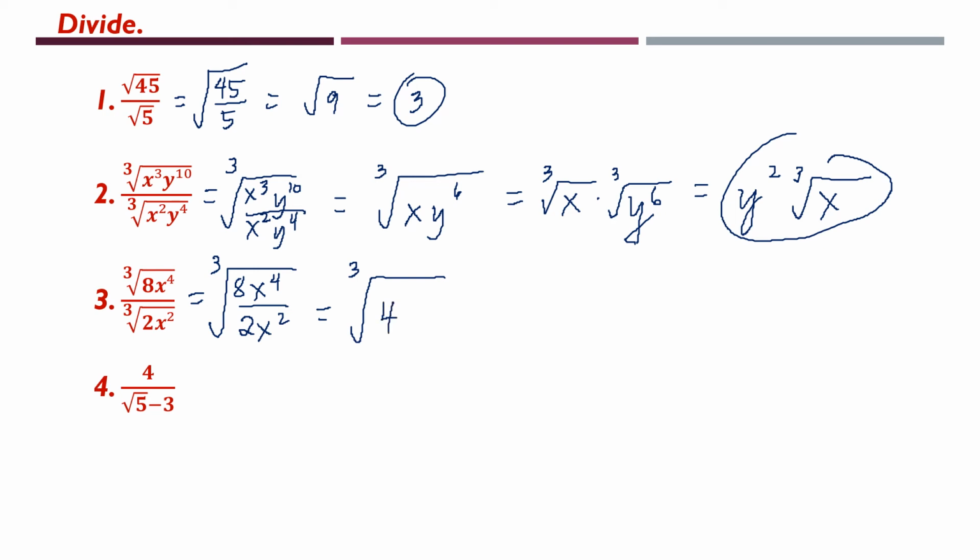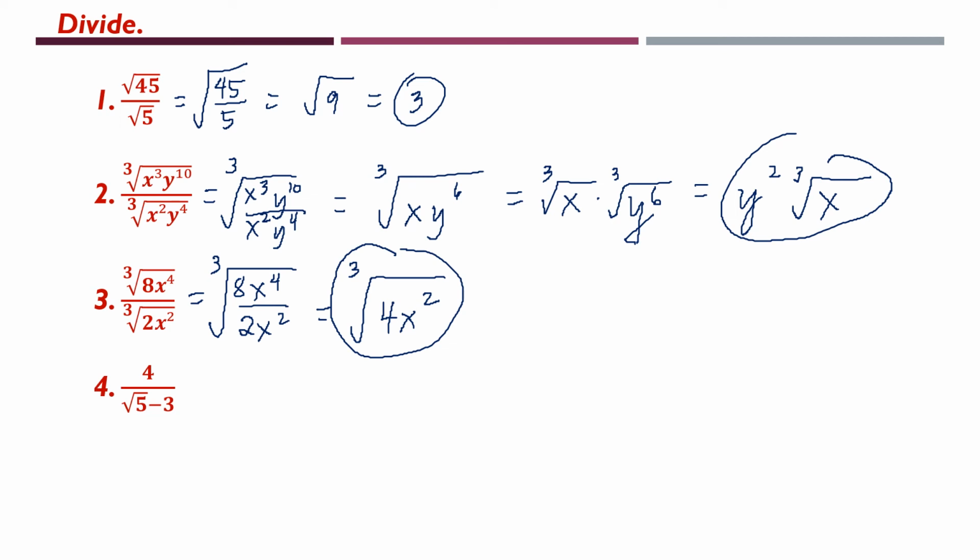X to the 4th power over x squared is x squared. If you observe, we can no longer simplify the radicand, so this now will be our final answer.